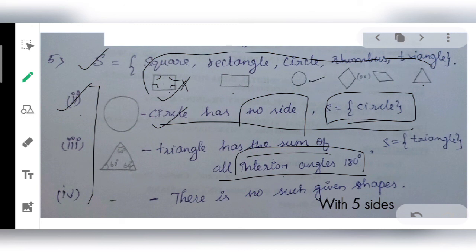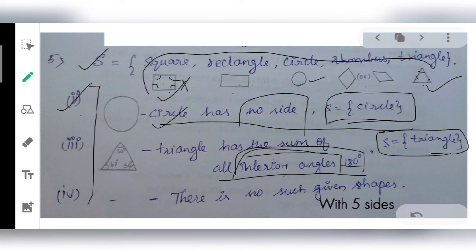Circle is also 360 degrees, which is not equal to 180 degrees, and rhombus also does not hold 180 degrees. Only the triangle, with angles of 60 degrees, makes the total sum of interior angles 180 degrees. So the set S is equal to the triangle here.